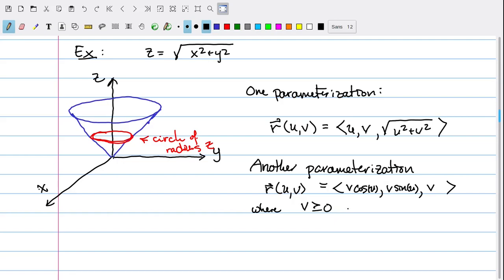And I can limit my u values to go between 0 and 2 pi, because if I do any more than that, I'm going to loop back around again and again and again, and I'll sort of over-parameterize my surface.